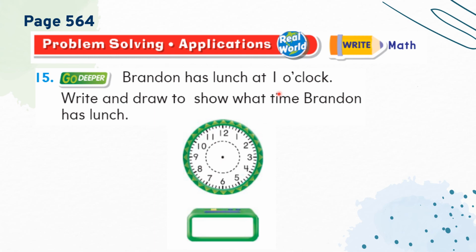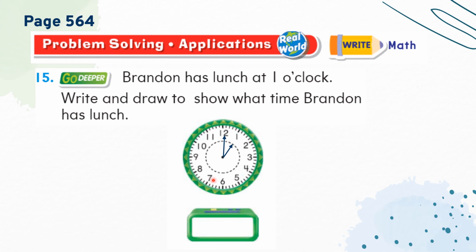So it's 1 o'clock. It means our hour hand should exactly point at 1 to show 1 o'clock. And if we want to show exactly 1 o'clock, where should our minute hand point? It should point at 12. Make sure, students, you are drawing both hands in the right form.